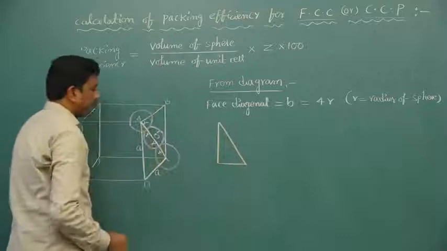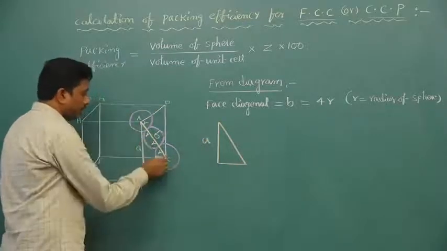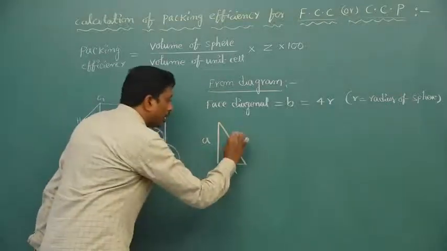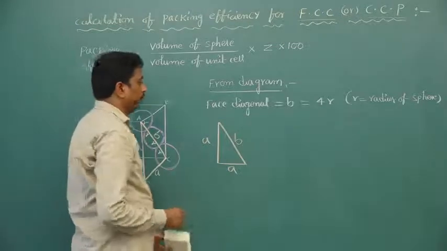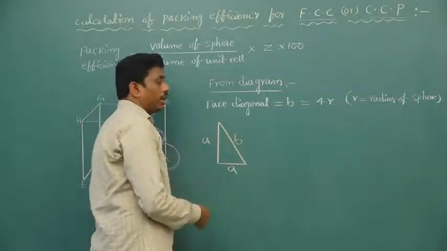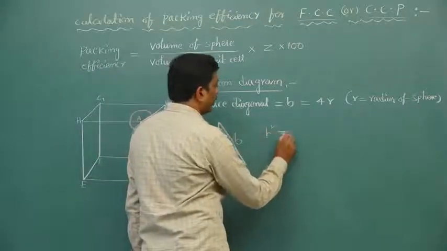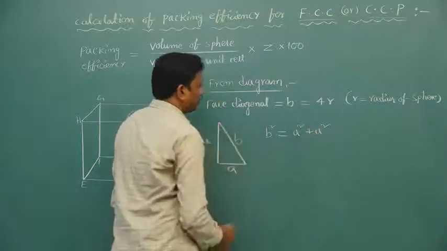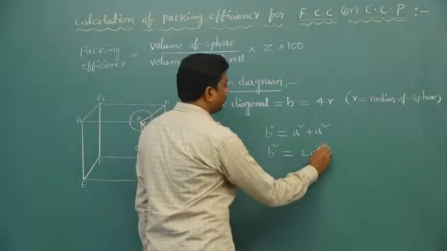It is like this. This is edge A and this is also edge A, and this is the face diagonal, represented with B. Now, if we apply Pythagoras theorem, we can write B square is equal to A square plus A square. That means B square is equal to 2A square.